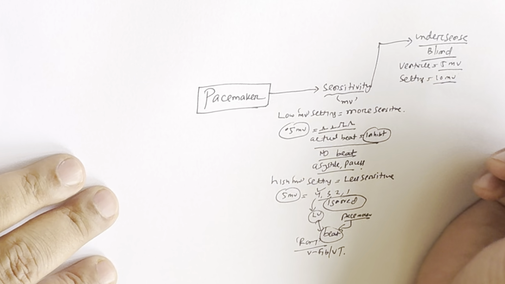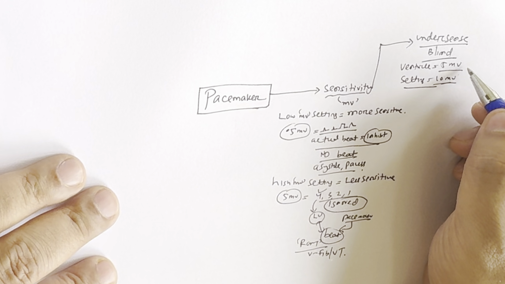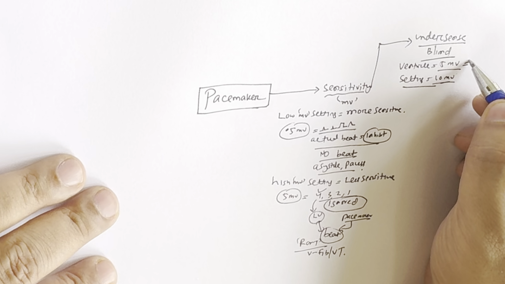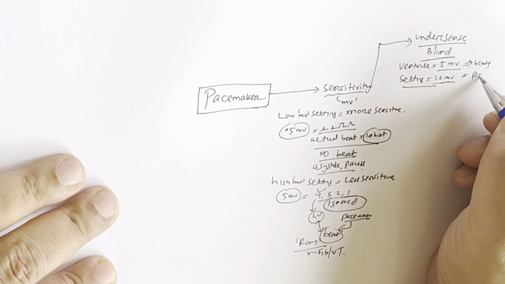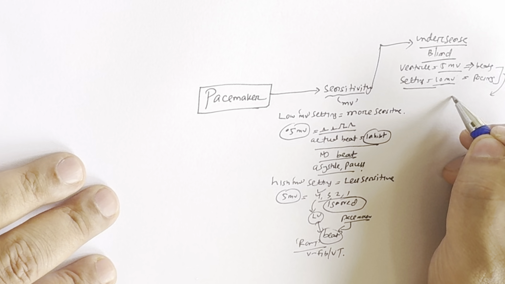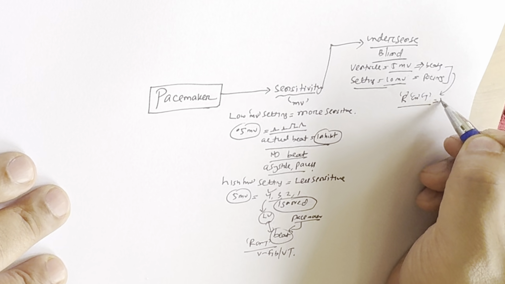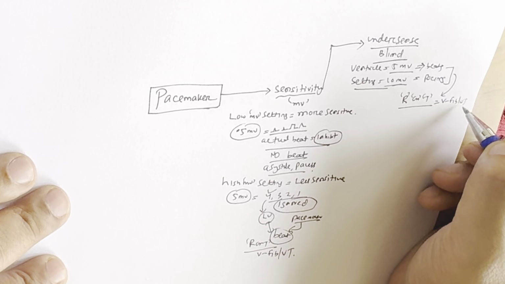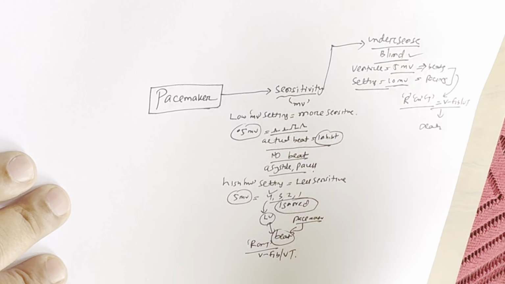So at 5 millivolt the pacemaker is not inhibited. It produces a beat. The ventricle also beats on itself. The pacemaker provides pacing on top, so this will produce an R on T phenomenon, producing V-fib or V-tach that can lead to death. It is blind.